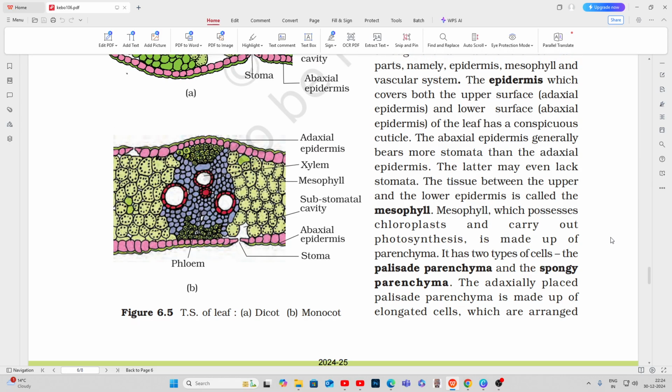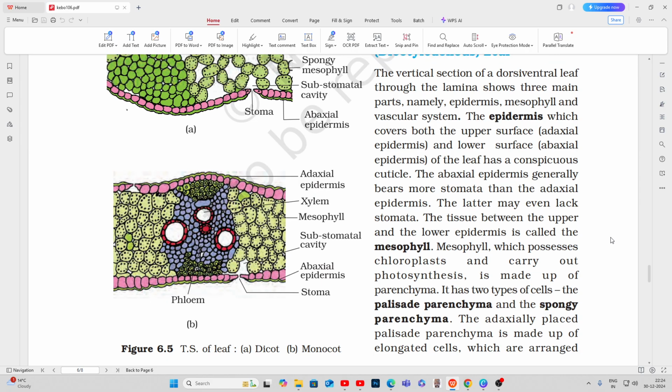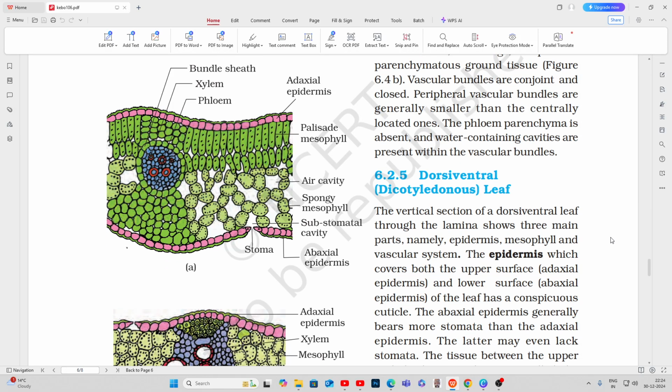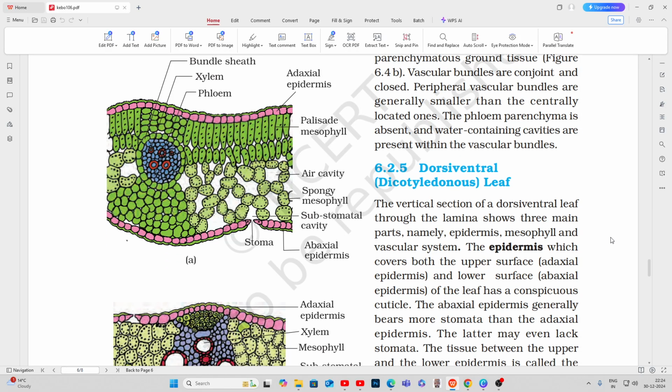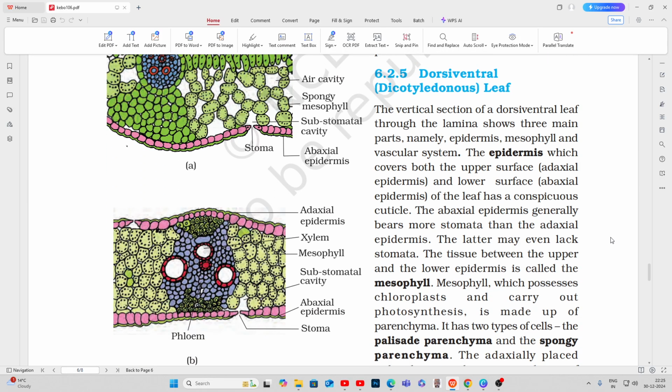Figure 6.5 TS of leaf. A. Dicot. B. Monocot. Bundle sheath. Xylem. Phloem. Adaxial epidermis. Palisade mesophyll. Air cavity. Spongy mesophyll.